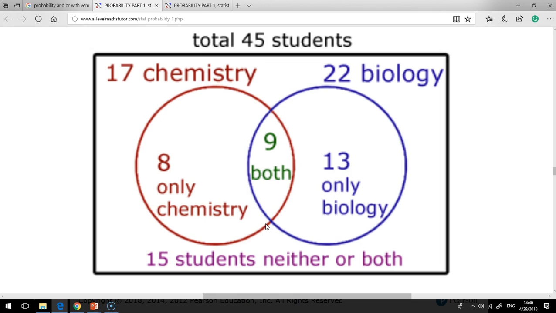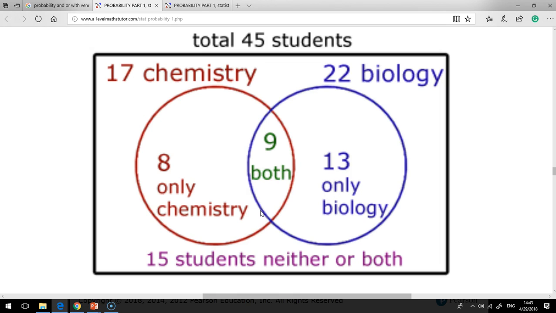That is 30 over 45, and that will reduce to 2/3, or 0.667. Let's just say P of A or B is equal to 2/3.